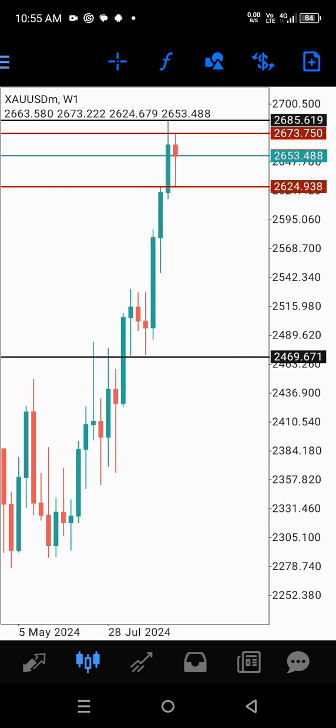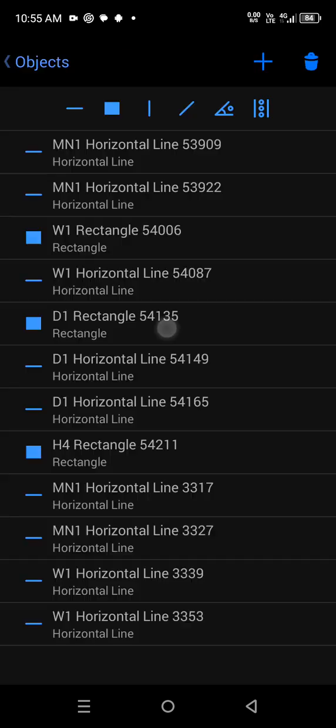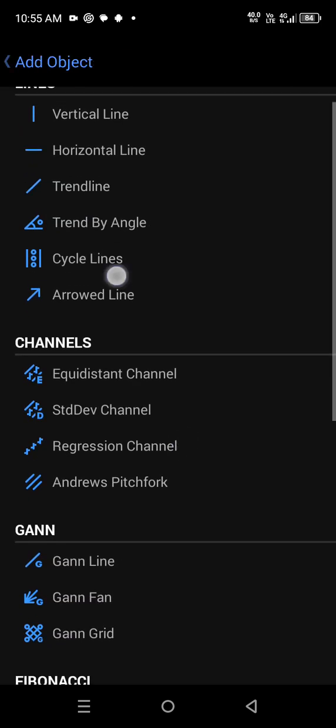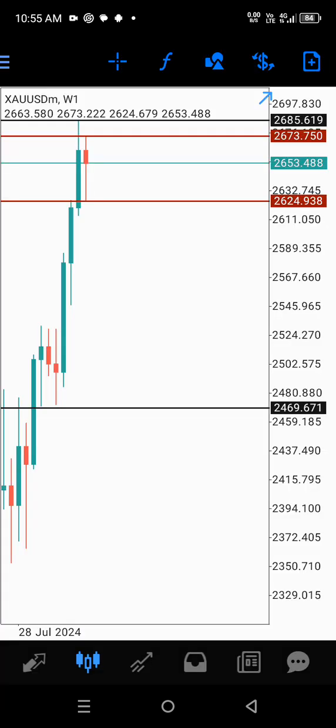And from the look of the weekly time frame, you see the all-time high that was created last 2 weeks, that stopped at 2685 point something or thereabouts.